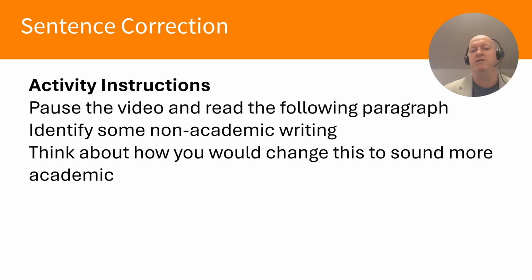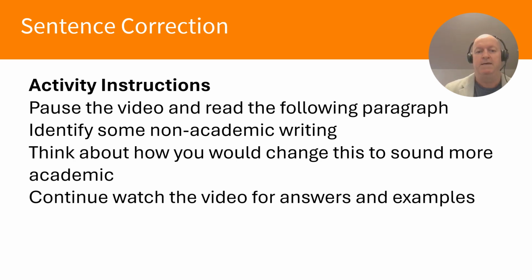And then think about how you would change this to sound more academic. So what would you do to make these sentences more academic? Have a go on your own once you've paused. Think about which parts of the sentences are non-academic, and also think about how you would change that without losing the meaning as well. And then continue to watch for answers and some examples as well.